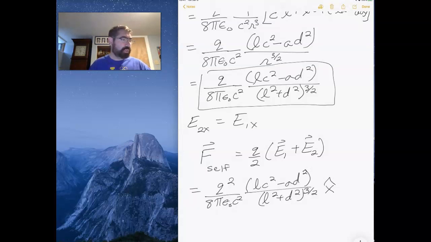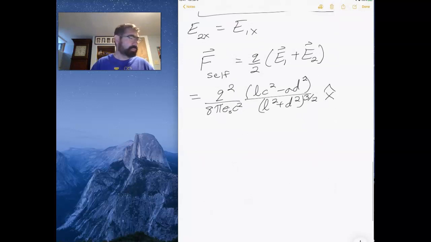Okay, so now what we want to do is take the approximation where d goes to 0. To do this, instead of just saying d goes to 0, why don't we write out things in a Taylor expansion?